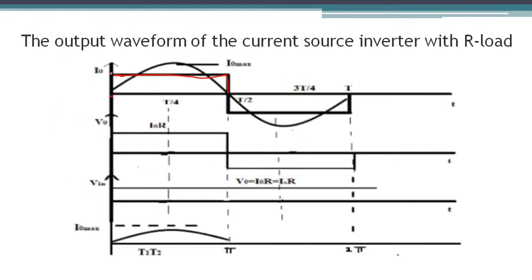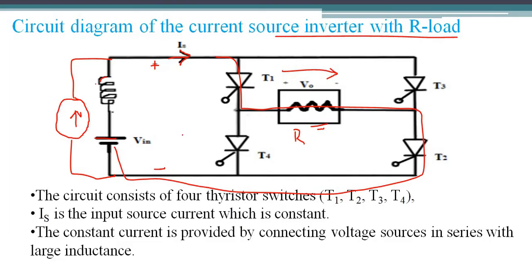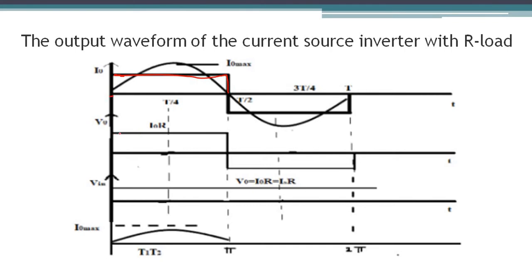Whatever input current comes from the source will appear across the load. Similarly, the output voltage across the load, V0, is equal to I0 into R. So the same voltage will appear during the interval 0 to T by 2.